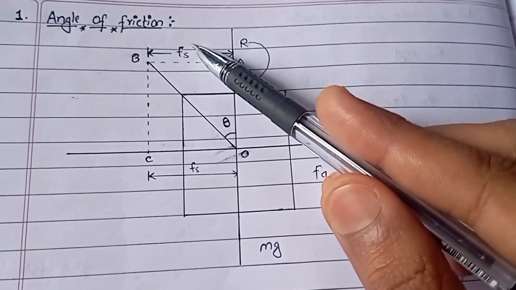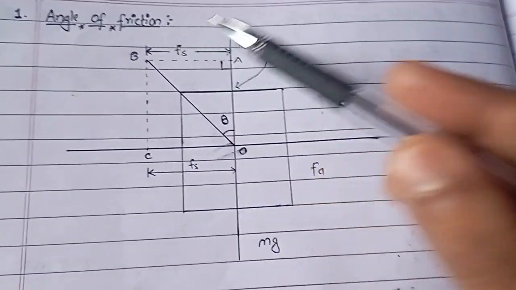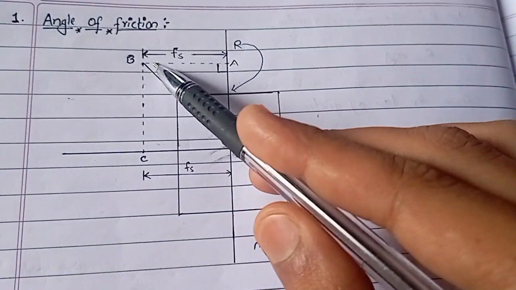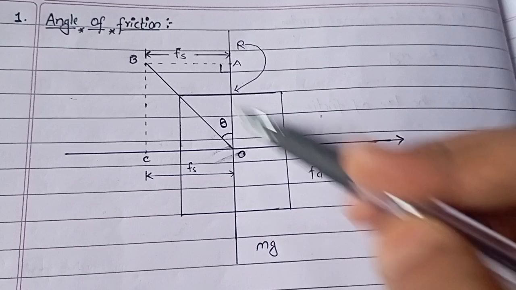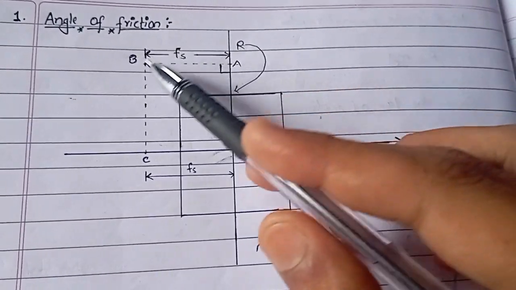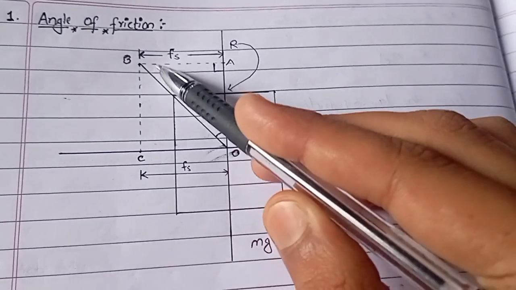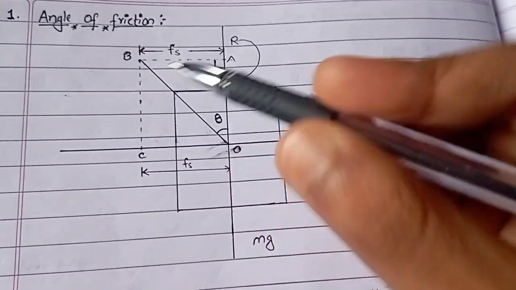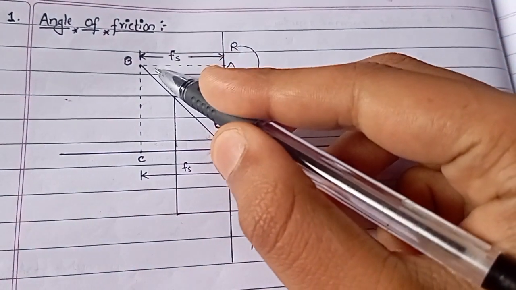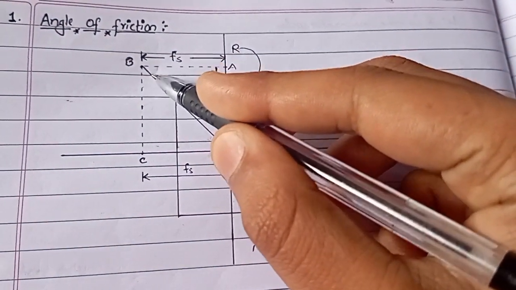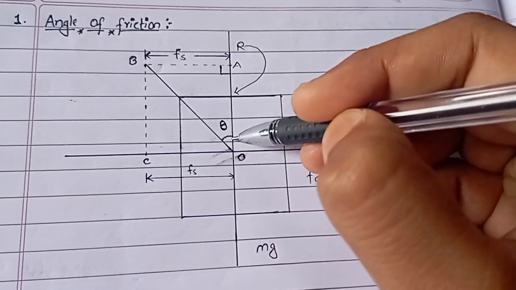This Fs is known as frictional force, and the angle made by Fs, that is angle BOA, is known as theta. This theta is known as the angle of friction. This is the angle of friction.